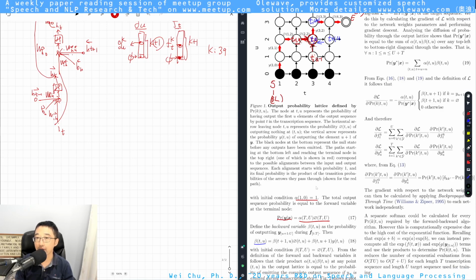Backward, you can see the output does not have a new output. So you just have to handle the null variable. Similar to the alpha one, you do this, right? You multiply by the probability of phi given T plus 1 and U. Also, you have the backward going from there to here.